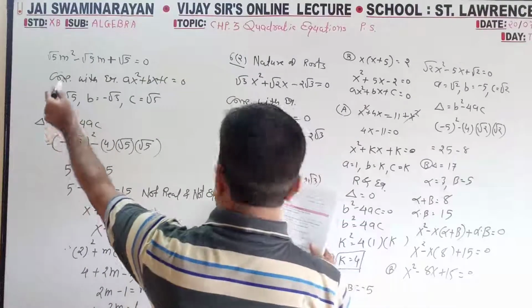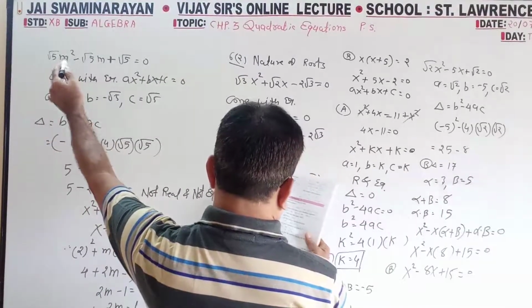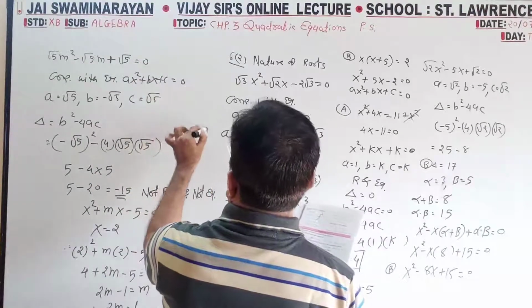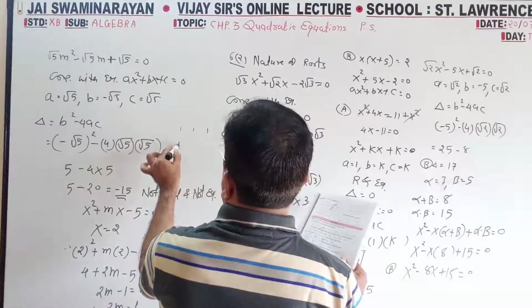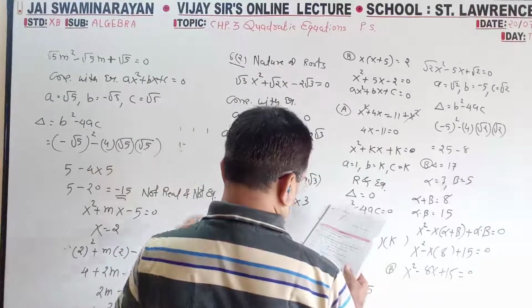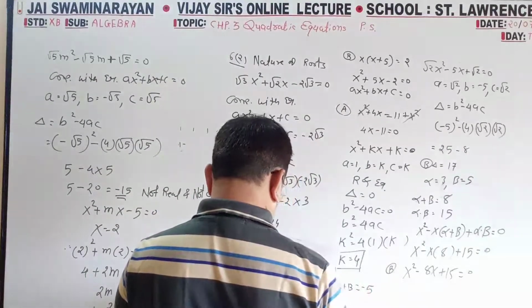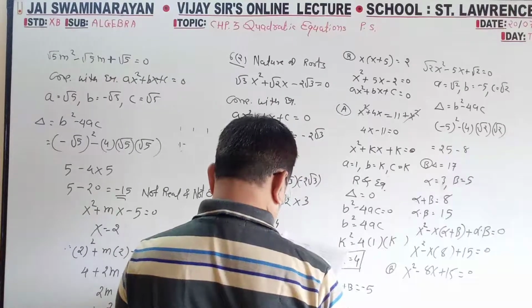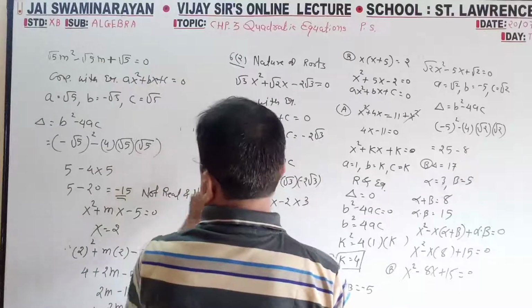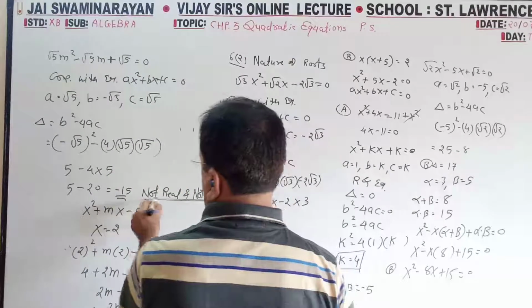They have given real. Let me check. It is 1, 1, 1. So b square minus 4ac. Roots are not real, not equal. Here my answer is correct, 100%.